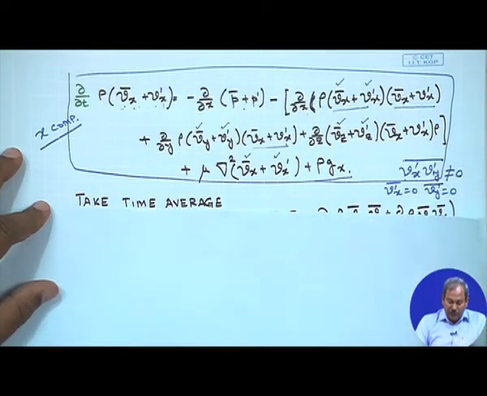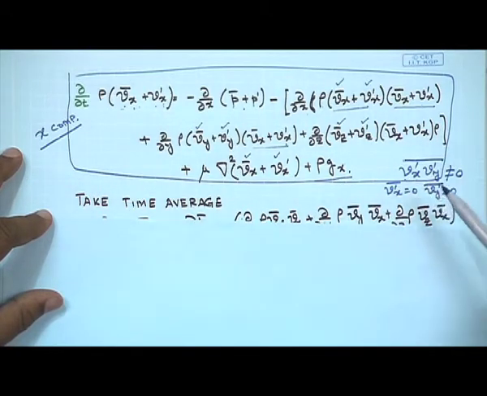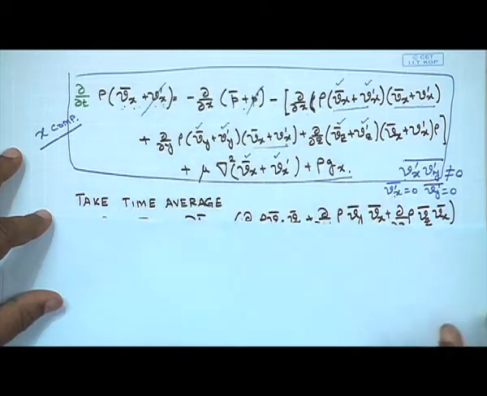So when you take the time average of the entire equation, considering the fact that the products may not be equal to 0 but individually they are 0, then some of these terms will drop out, but some of these terms will remain as additional terms in the Navier-Stokes equation. And most of the additional transport of momentum that one would encounter in turbulent flow appears as a result of these fluctuating components of velocities.